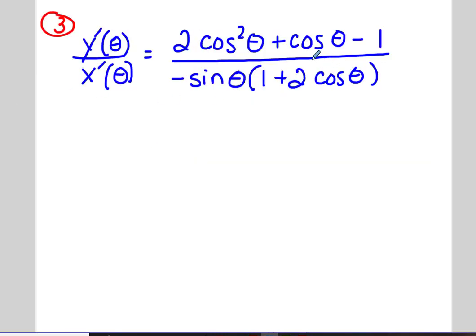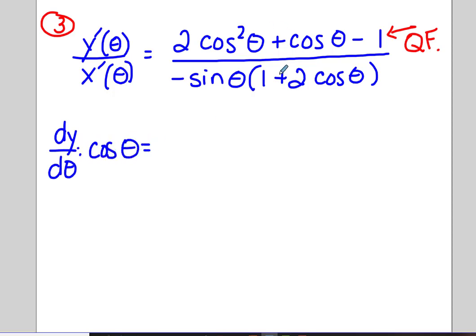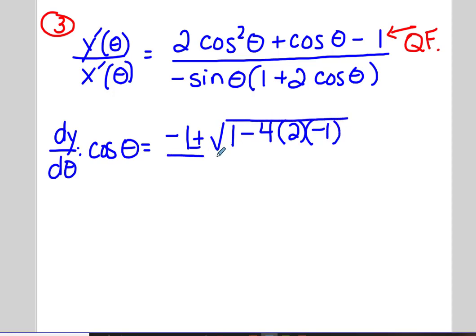Now, when you look at these two, in the top one, we could use the quadratic formula right here. So I'm going to say let's use the quadratic formula. And then we would find dy d theta, where our cosine is equal to the opposite of b, plus or minus the square root of b squared minus 4 times a times c, all divided by 2 times a.